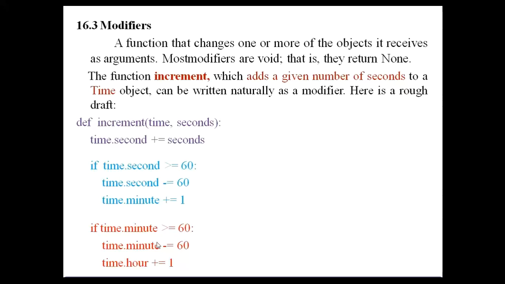Similarly, if you assume its value is 130 minutes, then it has to repeat 2 times. But when we are using an if condition, it performs this operation for only 1 time.